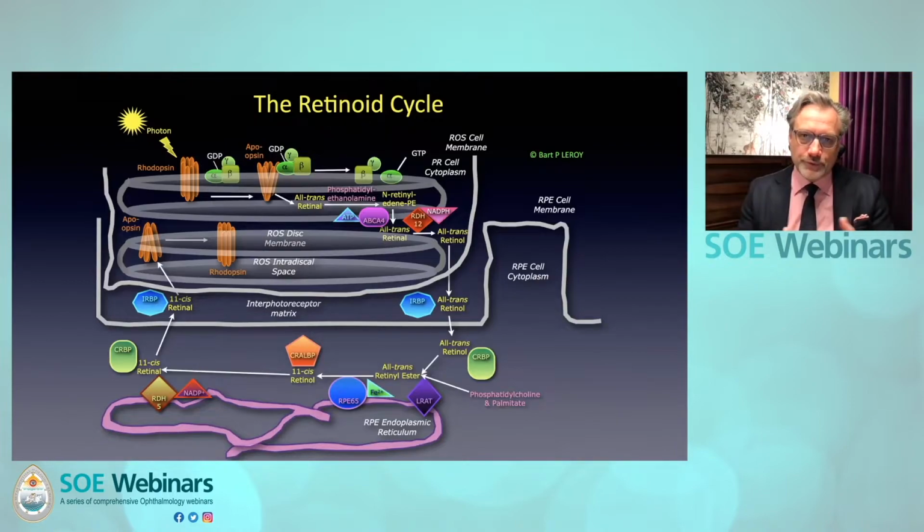If you don't do that, it accumulates in the outer segments. It'll degenerate into toxic products and therefore cause disease at the level of the outer retina.